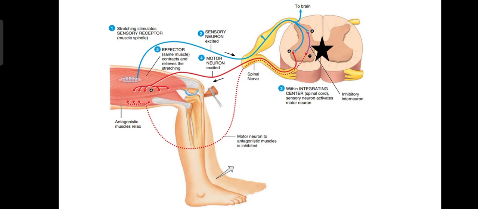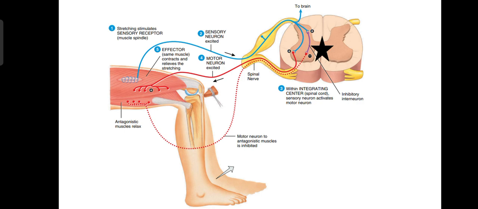You may notice here that it's not only the original stretch reflex that's present as a neuronal circuit. There is another circuit connecting this same sensory neuron with an inhibitory interneuron that synapses with a motor neuron.